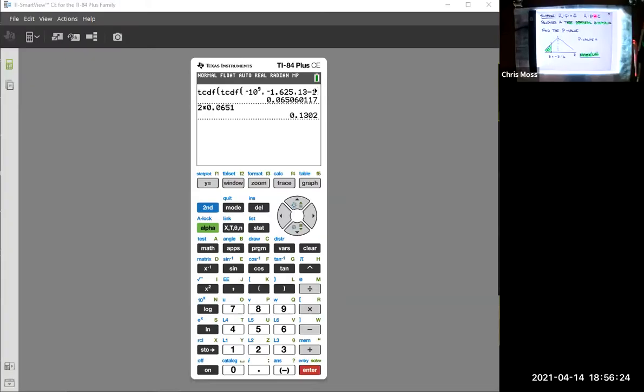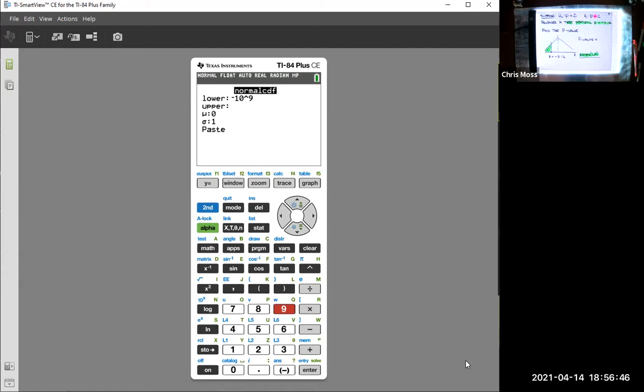There's a calculator. So normal CDF. I'm going to use, in this case, the z distribution, because that's the z-score I have. The lower bound, I will use negative 10 raised to the 9th. I think that's easiest for most people.